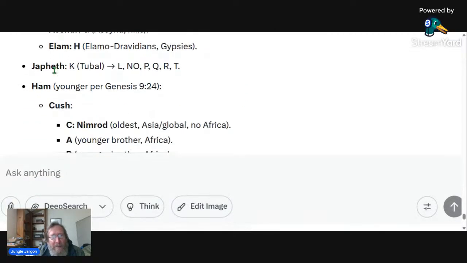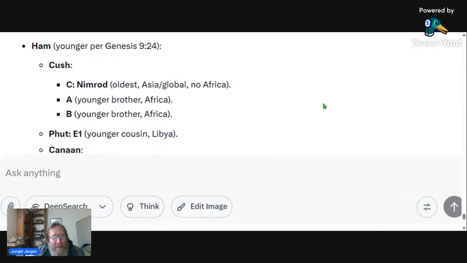Okay. Japheth K, elemental PQR SNT. Ham is the younger, per Genesis 9:24. Cush is the oldest son. Nimrod is probably the oldest son that was born out of the four.